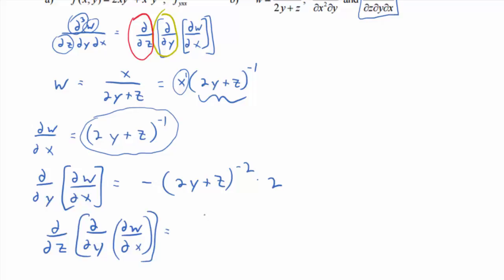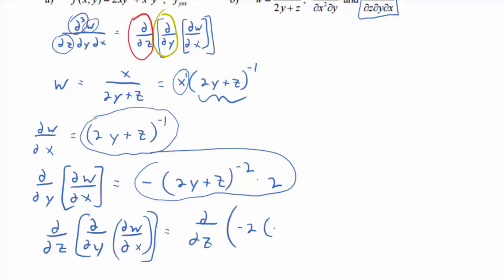Which is the same as d dz of this. If you wanted to get used to the notation, I could put the 2 out in front as a factor: negative 2 times 2y plus z to the negative 2, right? This last notation is not necessary. I just did it to get you used to it.